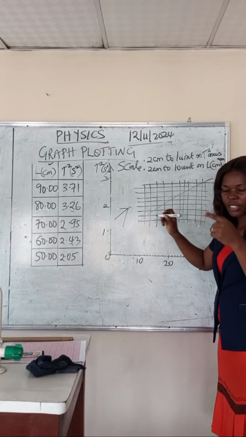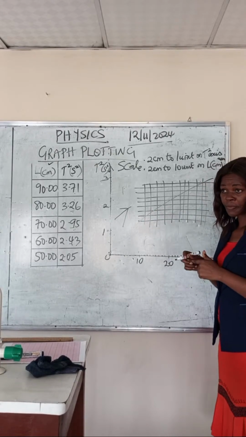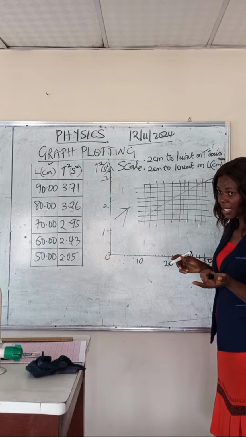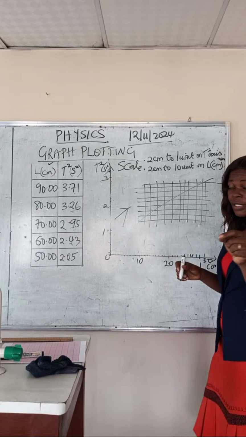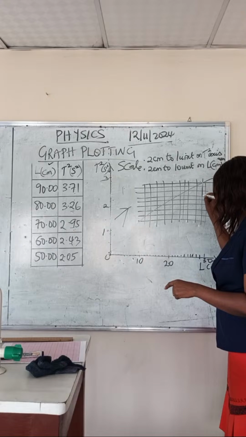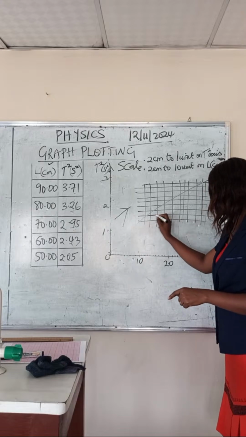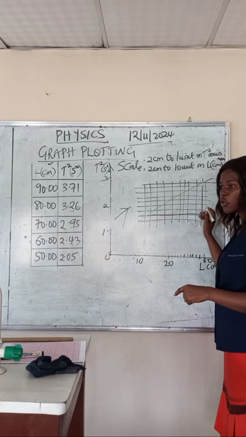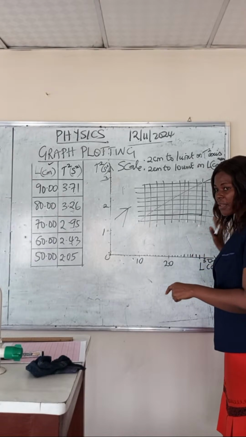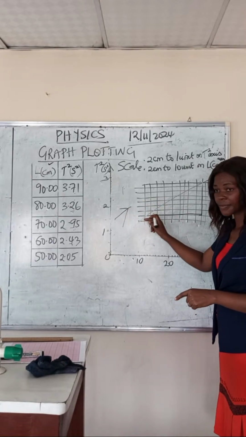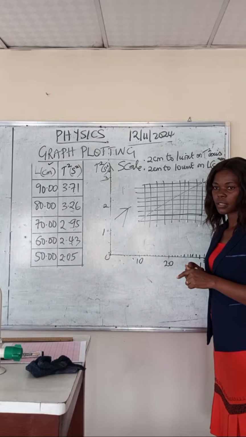When I come, I will inspect whether it's right before you join. Now when you get that point, you are going to join it from here and here. That's the triangle. You bring it down and you join it to the other side. Tick.